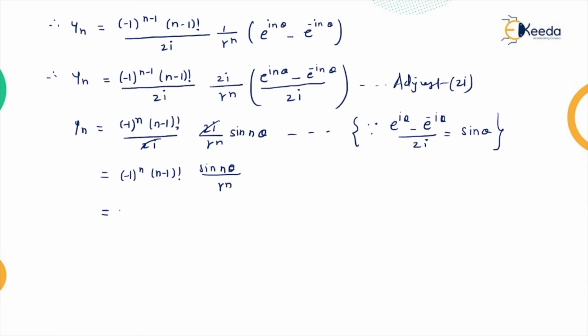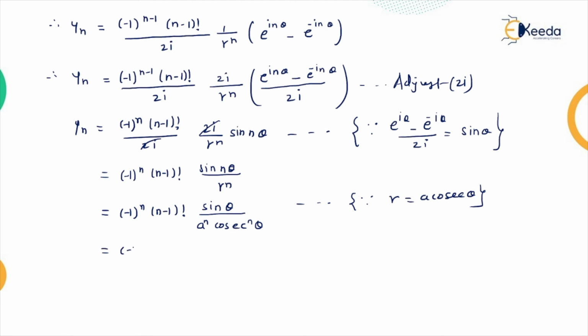So again you have to simplify (-1)^n into (n-1) factorial. What is sine n theta upon a^n? I am writing sine n theta as it is divided by r^n. What is the value of r? R is a cosec theta, so r^n means a^n cosec^n theta. This is the reason I am taking r as a cosec theta.